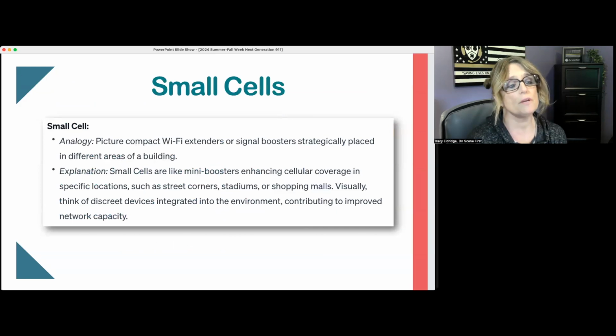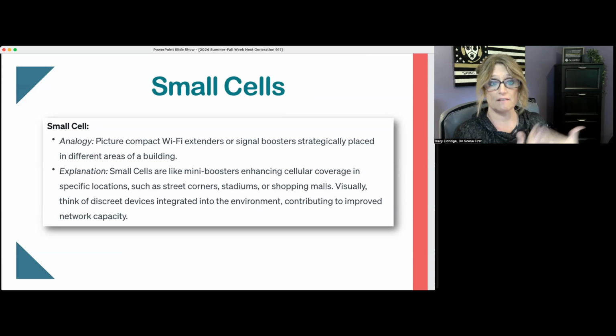Small cells, if you picture a compact Wi-Fi extender or a signal booster strategically placed in the different areas of the building. Now, I know that when we had Nextel, we had to put in one of these extenders to make sure that we could receive the signal in the building that we were in. So a small cell can be kind of compared to that.